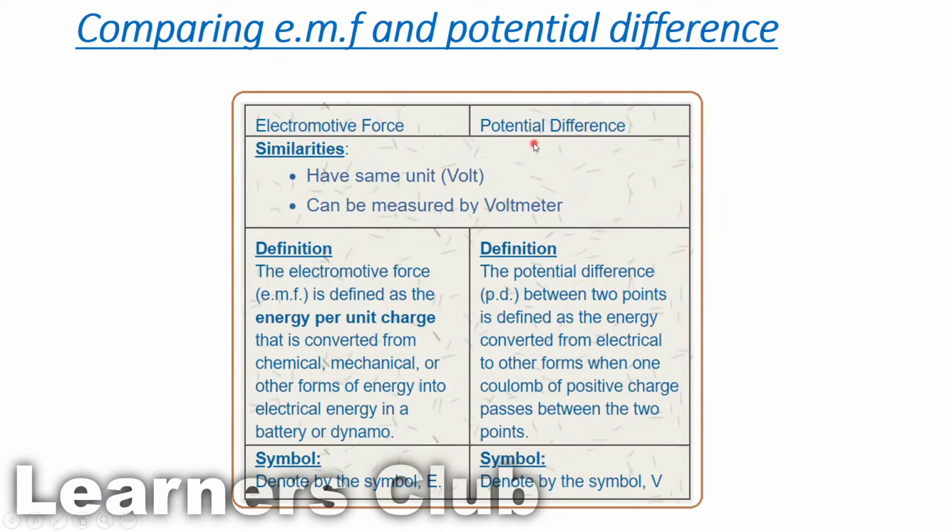For potential difference, the energy transfer is from electrical to other forms. So that is the difference. Also, mostly the symbol of EMF is denoted as capital E, but do not confuse this E with energy. They mean totally different terms. The symbol for potential difference is normally given as V.